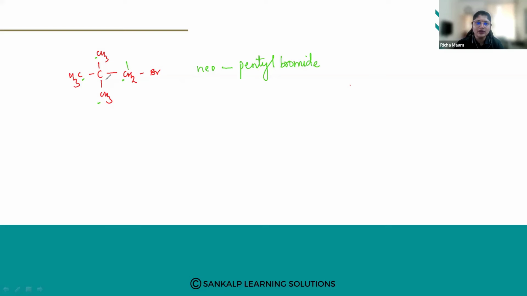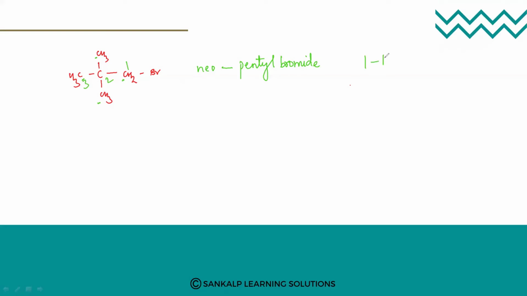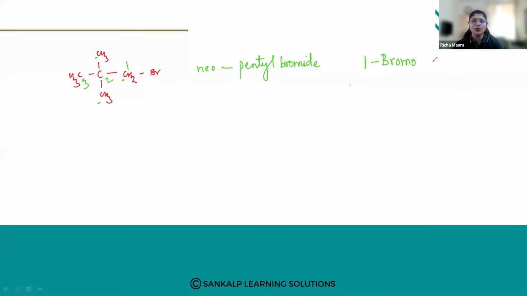Now the IUPAC name. So 1, 2, and 3. One bromo. Listen, 1-bromo. Then at the 2 position, how many groups do you have? You have methyl groups, 2 methyl groups.